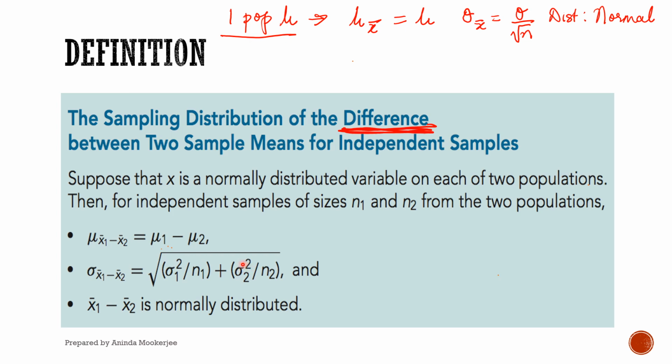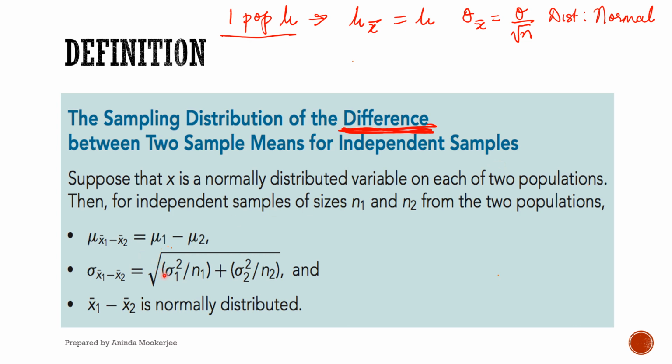You will see this formula being used in the formulas that we will use, whether to find the confidence interval or to perform a hypothesis test. And then the last one always talks about the distribution: x bar sub 1 minus x bar sub 2 is normally distributed. Now, this is for all possible samples.